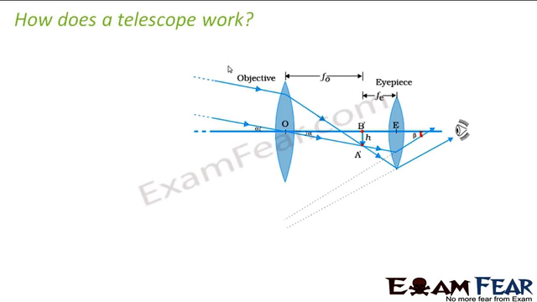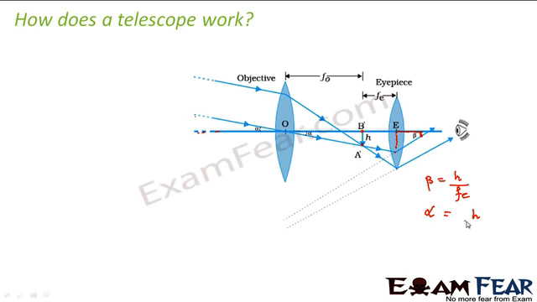So again, looking at the figure, what is beta? If you look at this triangle, what is beta? Beta is nothing but h by fe. Again, what is alpha? If you look at this triangle, what is alpha?